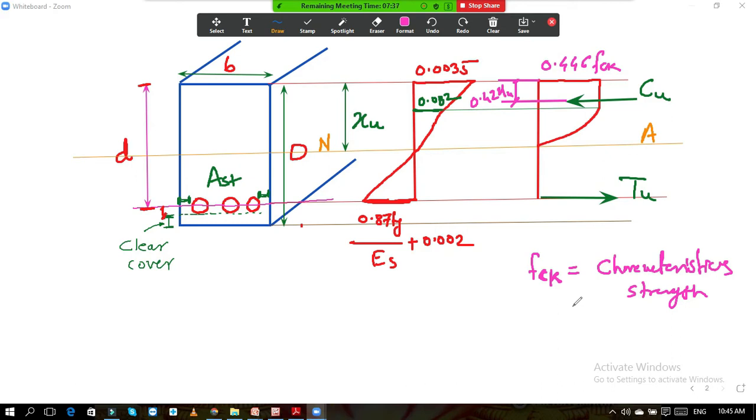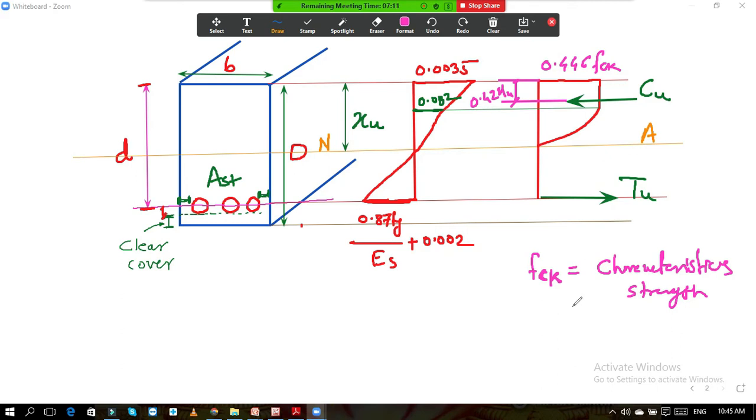When you prepare these blocks for the testing to calculate the FCK, we prepare 3, 5, 10 blocks. Okay, and the size of those blocks is 150 mm by 150 mm by 150 mm. So 150 mm width, 150 mm depth, and 150 mm length. These small blocks we prepared.